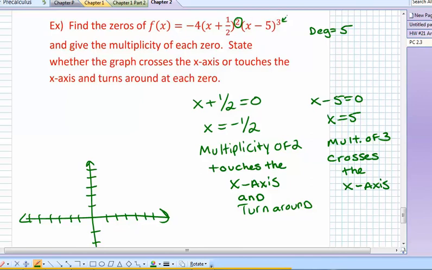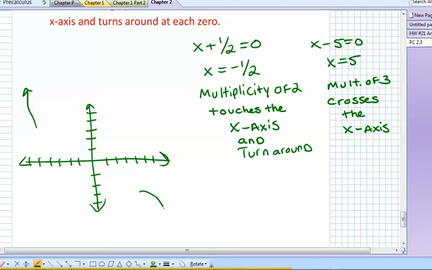Because 2 plus 3 is 5. So I know it's an odd degree, but the leading coefficient is negative, which means it's going to rise to the left and fall to the right. I know the zeros are at 5 and at -1/2.